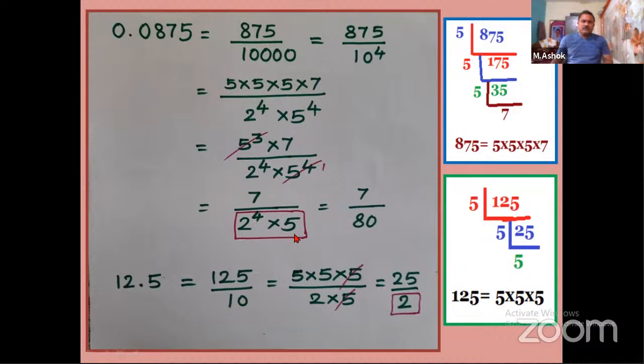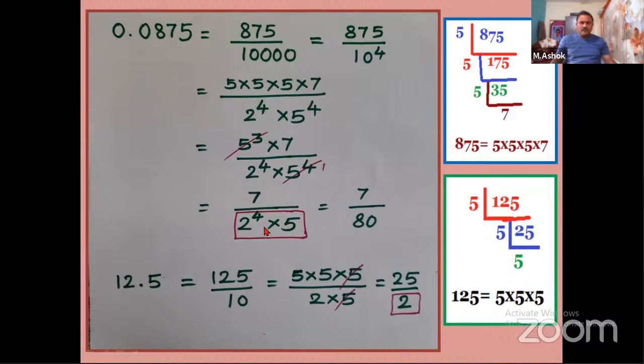Before multiplying these two, observe. When a terminating decimal is written in the p by q form, the prime factorization of the denominator contains 2 and 5. In the last two examples, in the first one a power of 2 is there, and in the second example a power of 5 is there.